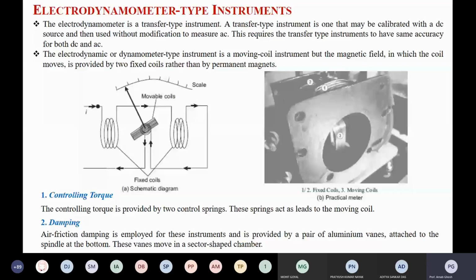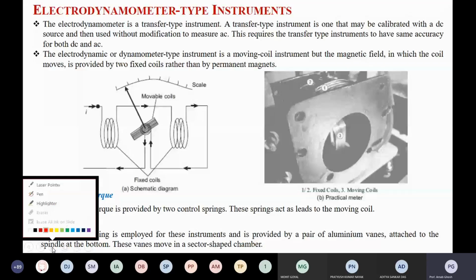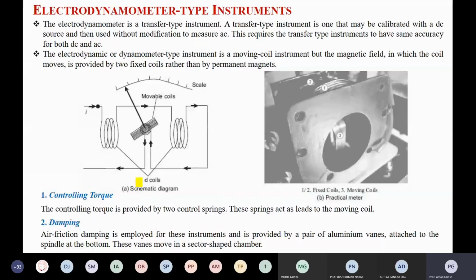If you see the diagram of this electromechanical device, you can observe that it has two fixed coils and one movable coil, and the scale is also there. In between the two fixed coils, one moving coil is there. In the PMMC instrument, you normally use a permanent magnet as the field for your moving coil.